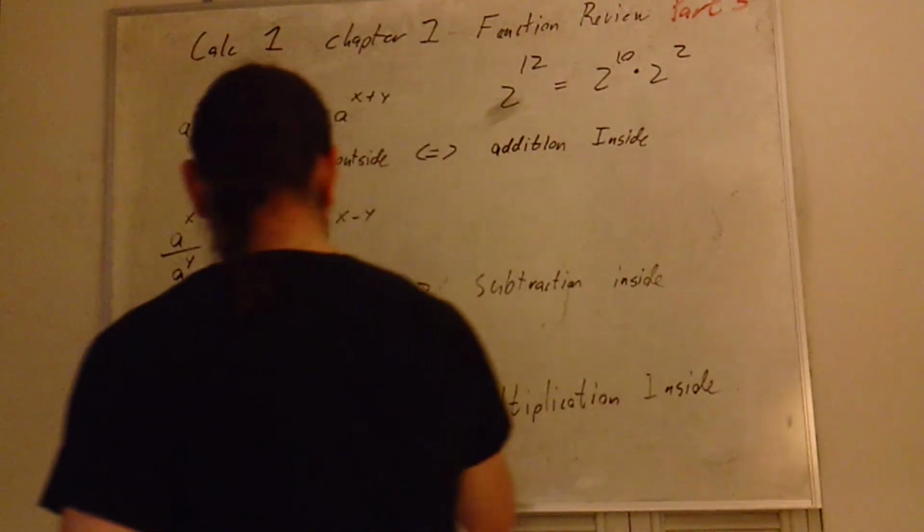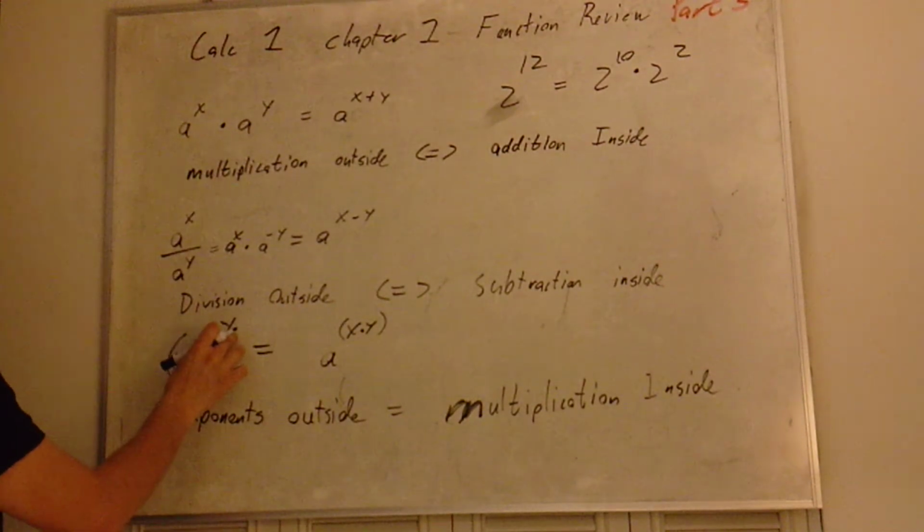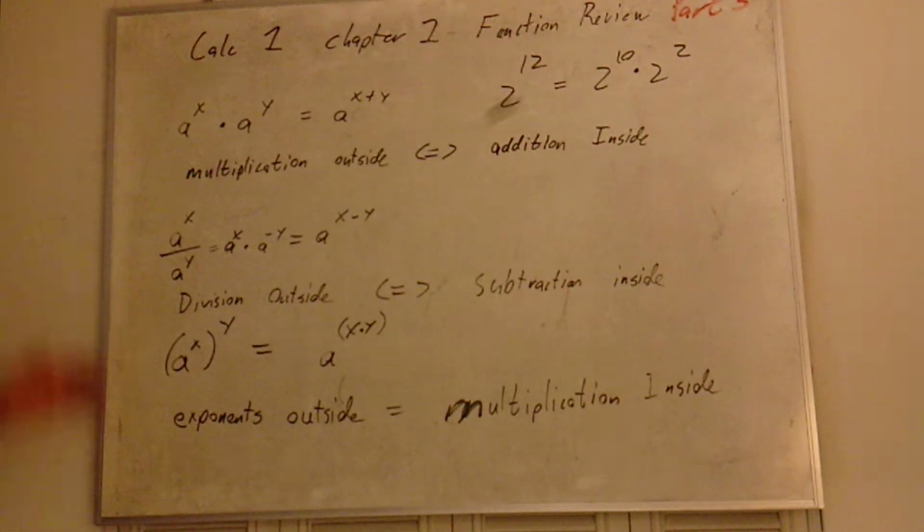So again, this multiplication is happening inside the exponent. This exponents are happening outside of the other exponents. These are the 3 properties of exponents. With these in mind, we're going to talk about properties of logs.